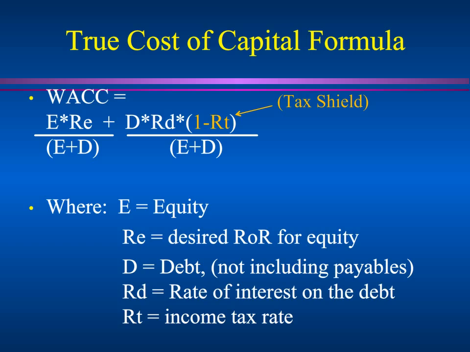So that whole top part of the equation on the right hand part of the WACC is only worth 0.8 instead of 1.0. That's going to lower the cost of our capital from the bank. I'm going to leave everything else the same.